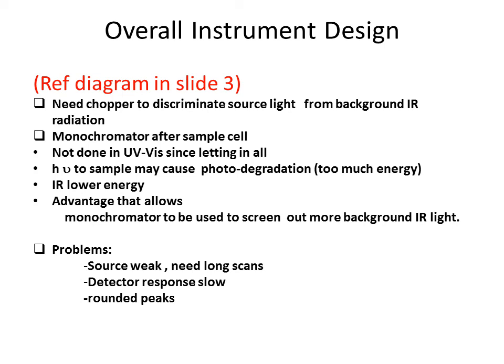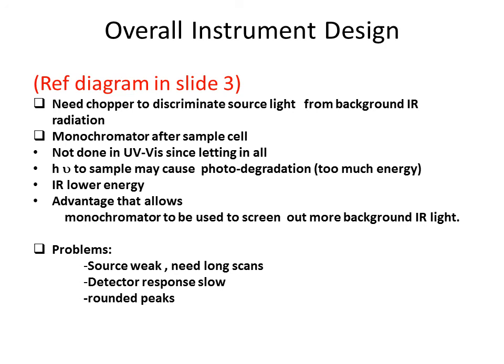Then for the overall instrument design, we have to refer to the previous diagram. It needs a chopper to discriminate source light from background IR radiation, and the monochromator is placed after the sample cell. Actually, this is not done in UV visible, since letting all the light hit the sample may cause photodegradation and lower the energy.